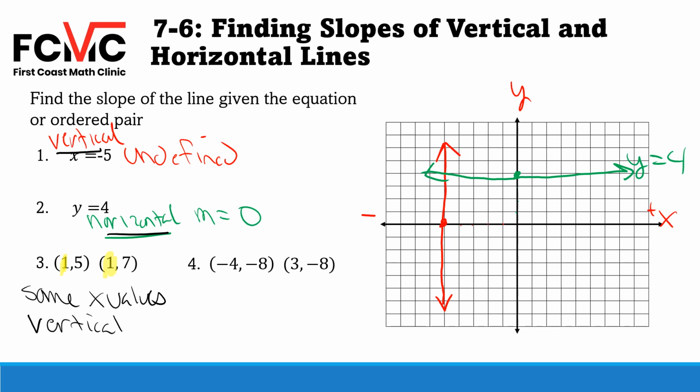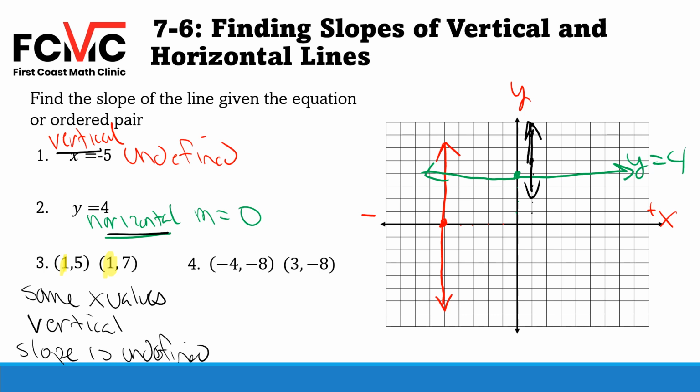So the slope has to be undefined. All right, so we're going to get a vertical line there. And if we plot those points, 1, 5, so x is 1, y is 5, 1, 2, 3, 4, 5, and then 1, 7. If we just draw in the larger line, we've got our vertical line there.